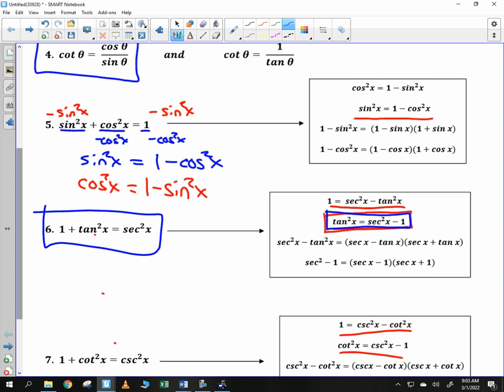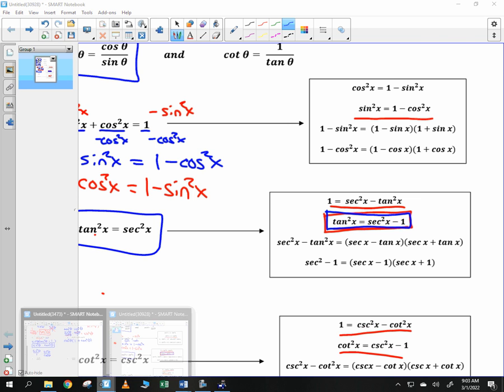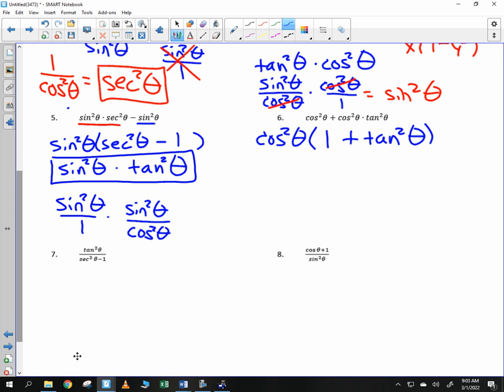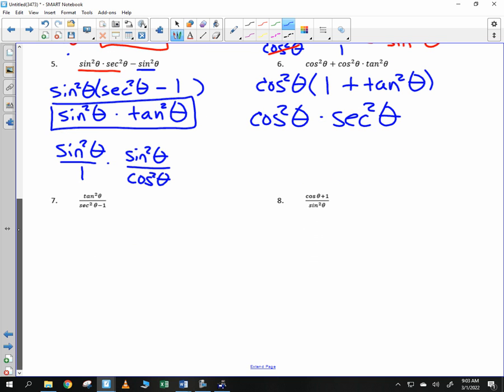And you guys, you're not supposed to just absorb this in 3 minutes. This is something where you're going to have to take some time and look at it. It's not going to be instantaneous. So I have cosine squared of theta times secant squared of theta. What's the relationship between cosine and secant?